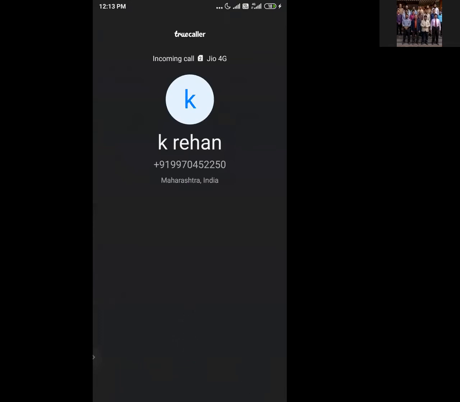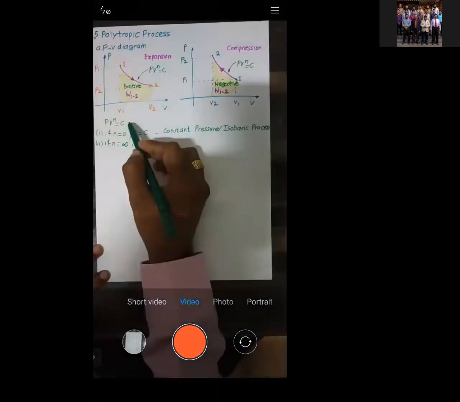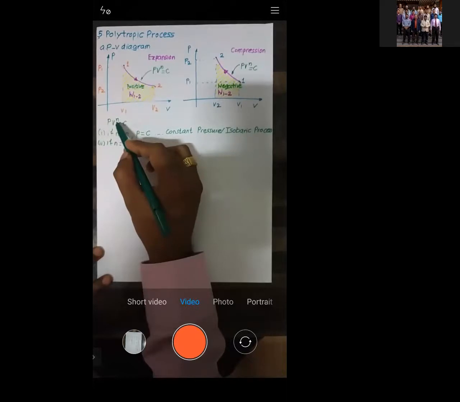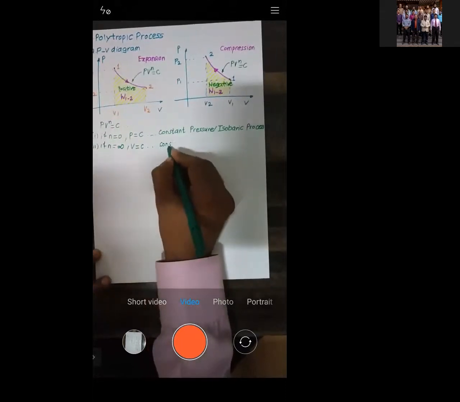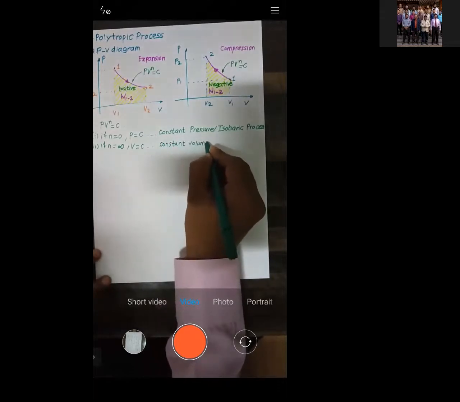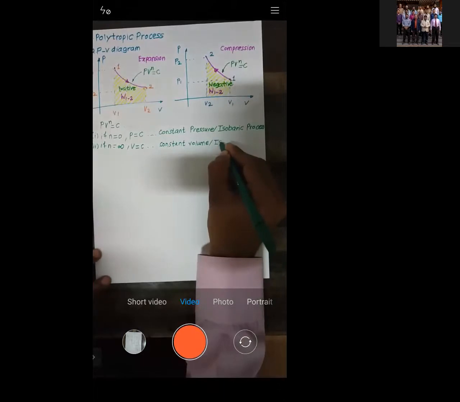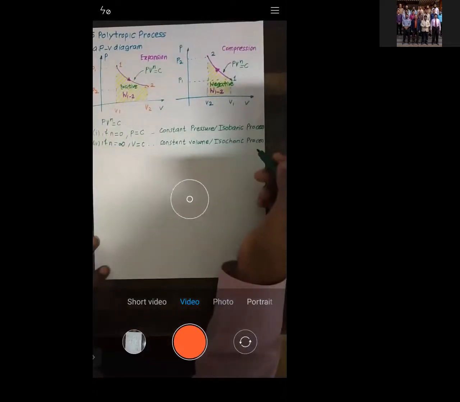Try to understand the meaning: when n is infinity, PV^infinity = constant means volume is constant. Such a process is called constant volume, also known as an isochoric process.